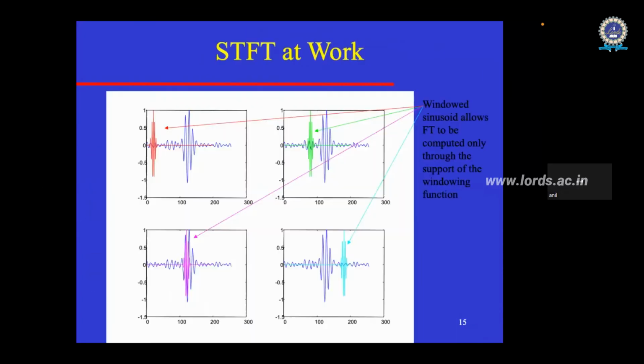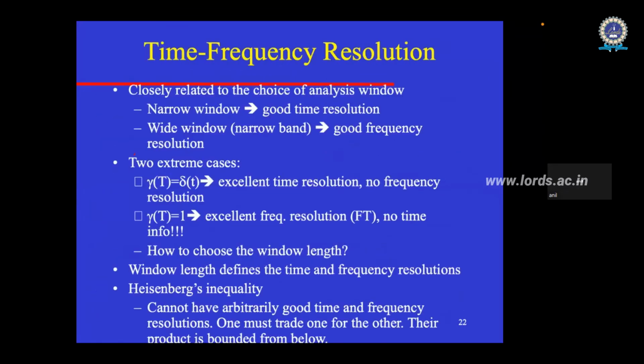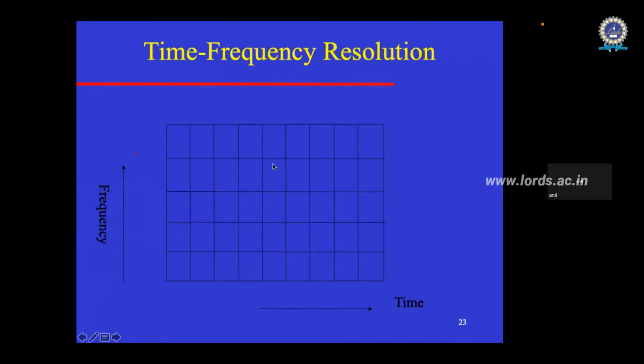In the time-frequency plane of the short-term Fourier transform, time versus frequency, I am filling these bins. This bin depends on your window size. If your window is large, the bin will be large. That is why it is called fixed resolution. People thought, I don't want this fixed resolution. Can I go for a multi-resolution?